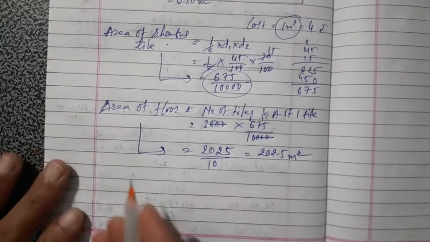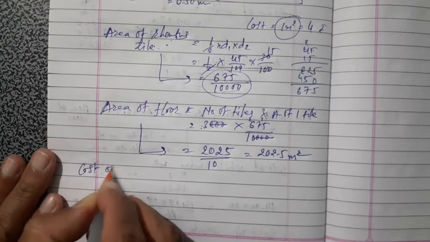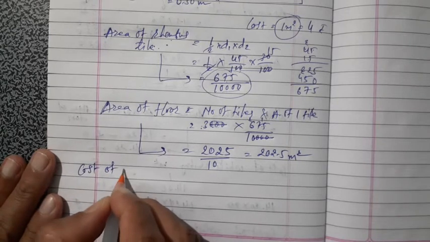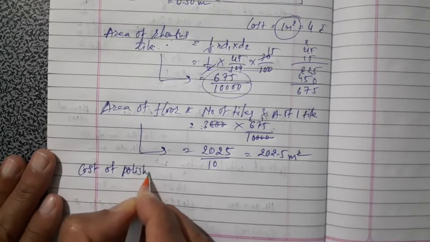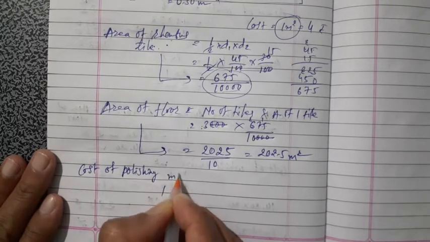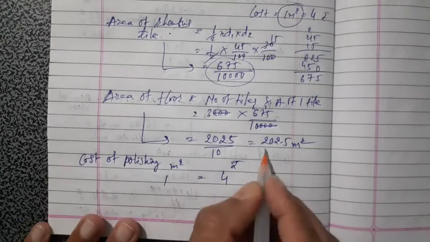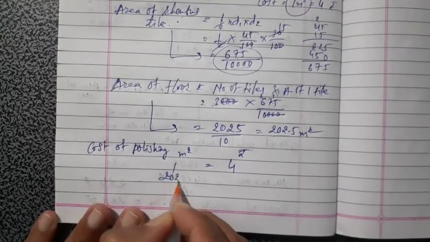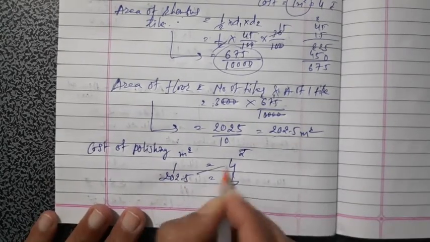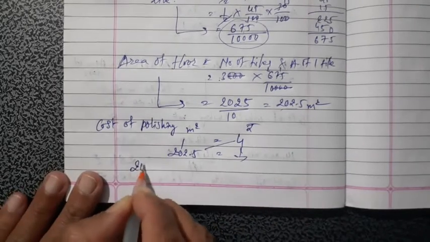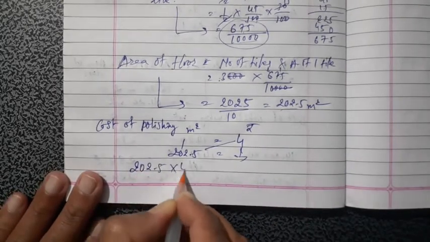Now we find out the cost. They want to polish the floor, so the cost of polishing 1 meter square is given as 4 rupees. Then the cost for 202.5 meter square is, by cross multiplication, 202.5 into 4.